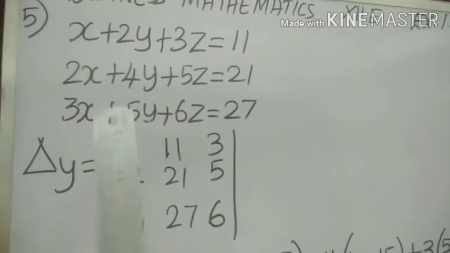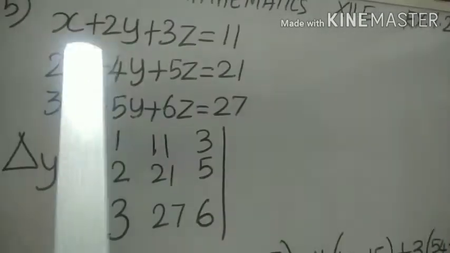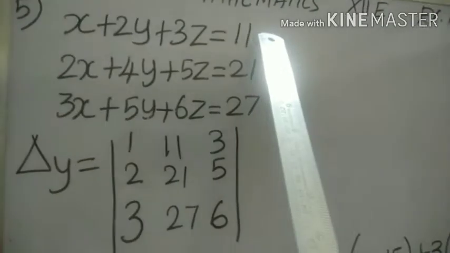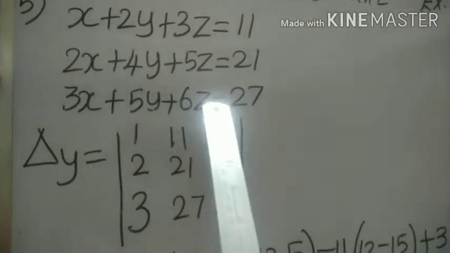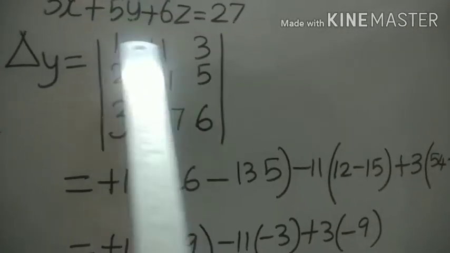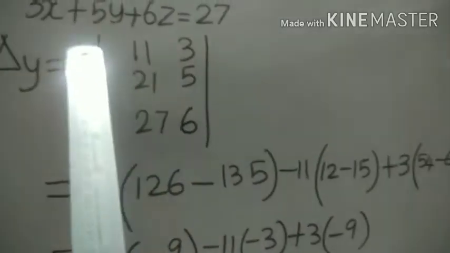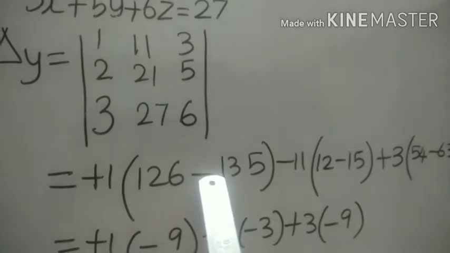As we write del y, first x coefficients as it is, y coefficients I will replace the RHS 11, 21, 27. Z coefficients we will write as it is. Expand the determinant plus, minus, plus. So 1 into 21 into 6 minus 27 into 5.